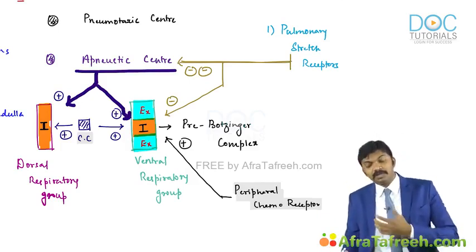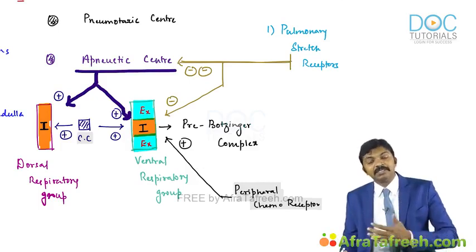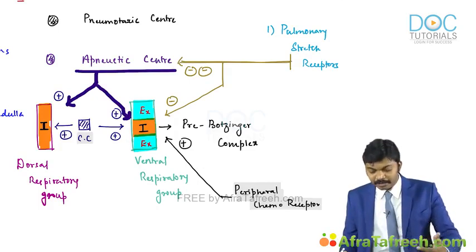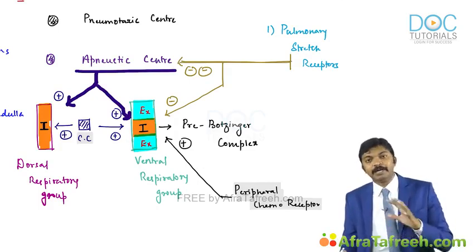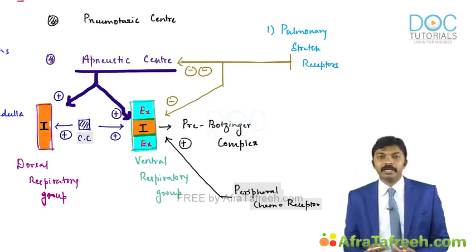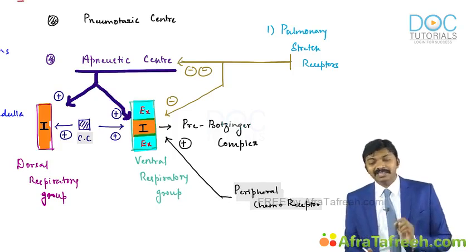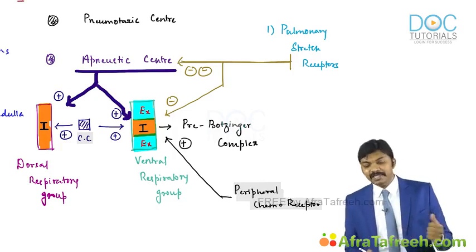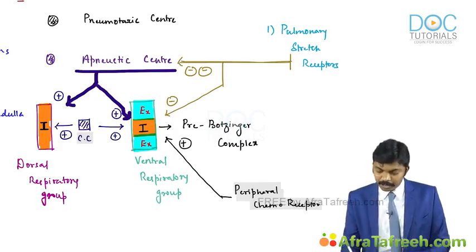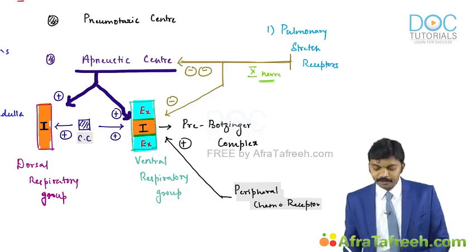As a consequence, inhibitory impulses start from those receptors and come to apneustic center and the inspiratory group of neurons. Thereby, stretch receptors try to suppress inspiration. The nerve that carries these impulses is primarily the vagus nerve, the 10th cranial nerve.